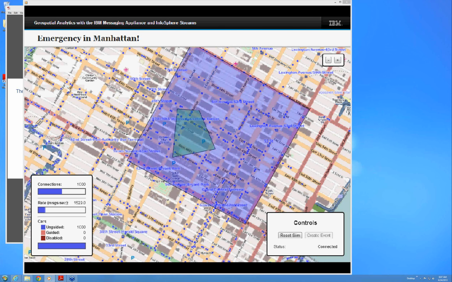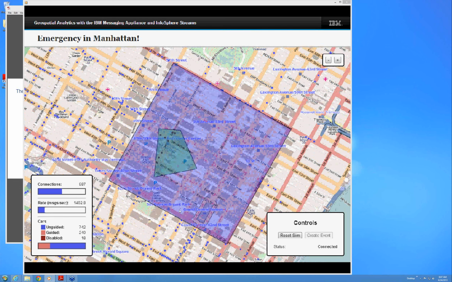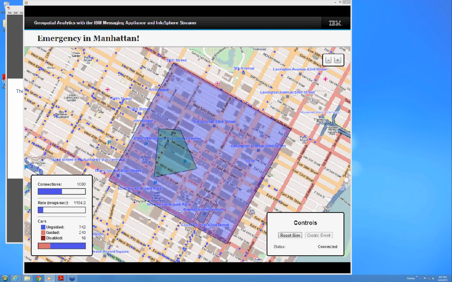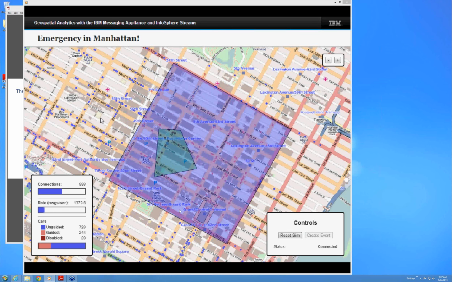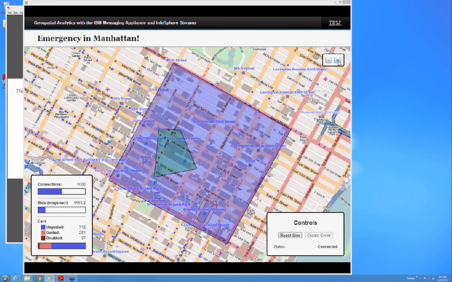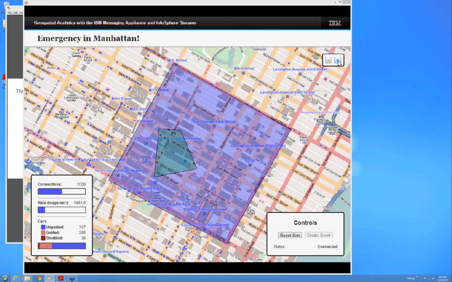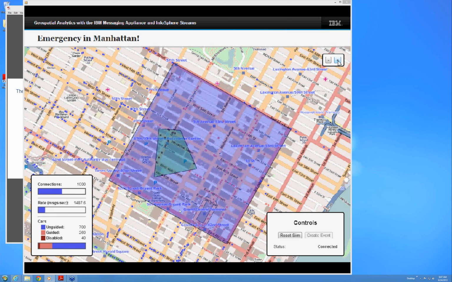And you'll see in a minute that the cars that are infected by the disease turn red. Now, of course, this is a simulation, but if this was real time, we were monitoring cars, we could not only monitor the infectious area, but based upon their past behavior, we can forecast where they're likely to go.